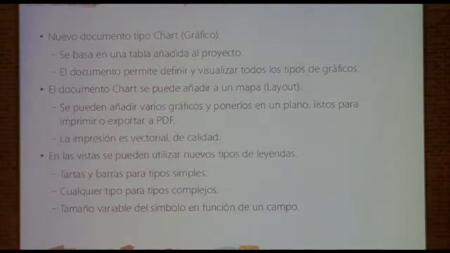The idea is to be able to do so with gvSIG 2.0. So we will have pie charts and bar graphs for simple types, and then any type for complex types. The symbol size can be variable depending on the field.